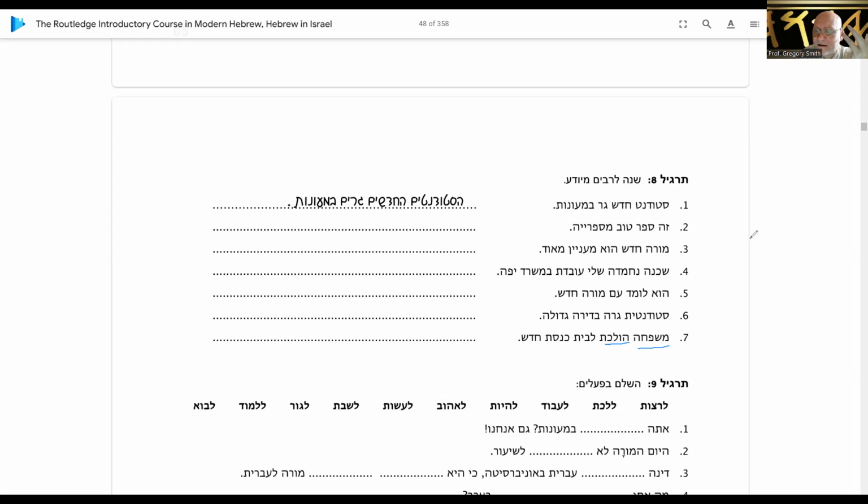Oh, mishpaka, that's what that is. משפחה הולכת. Yeah, mishpaka holeket. Okay, so the family goes lebeit knesset, that's synagogue. To the synagogue, lebeit knesset hadashah, to the new synagogue. The family goes to the new synagogue. Hamishpaka holeket lebeit knesset hadashah. So that's synagogue here, and it's not just any synagogue; it's a new synagogue, hadashah.